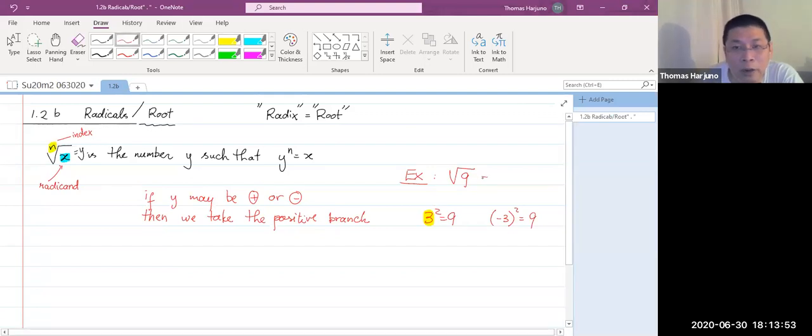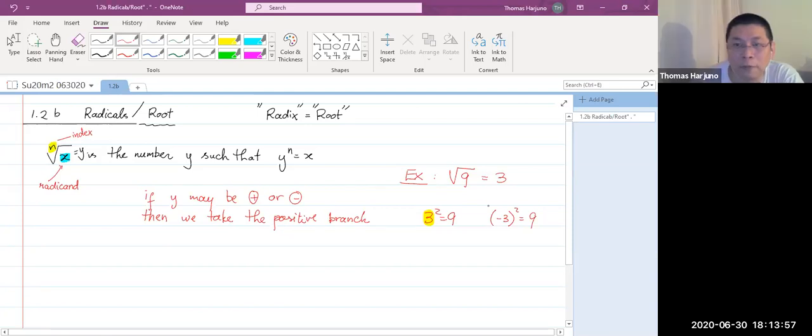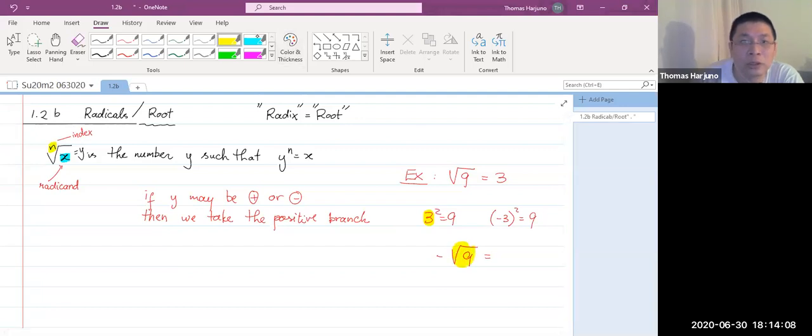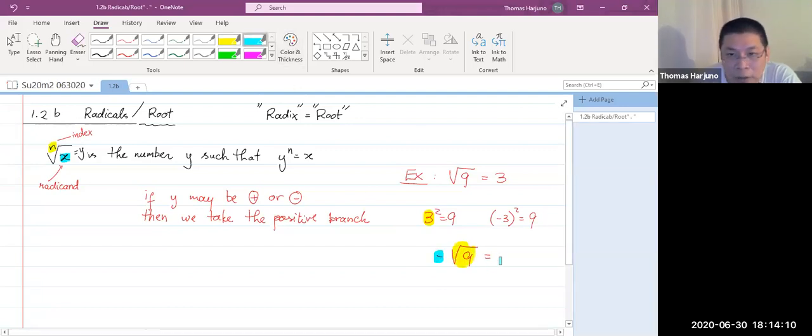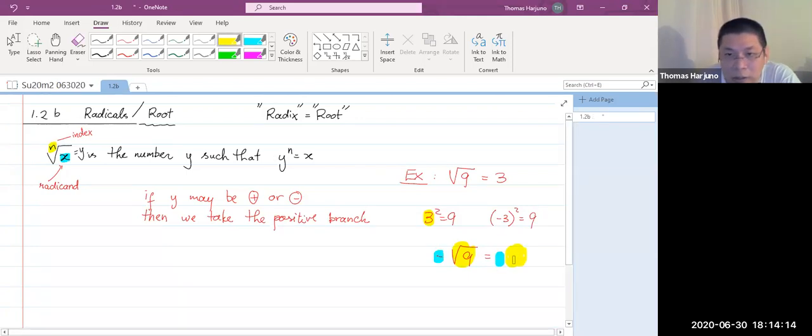So the square root of 9 is 3, not negative 3. If we want negative 3, then we write negative square root of 9. Then that will be negative 3, because we take the negative first and then the 3.